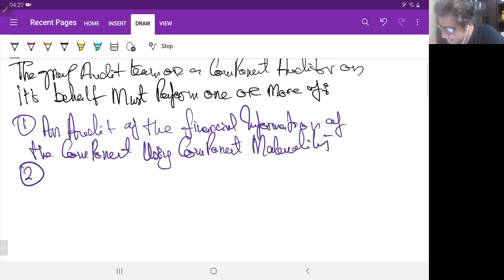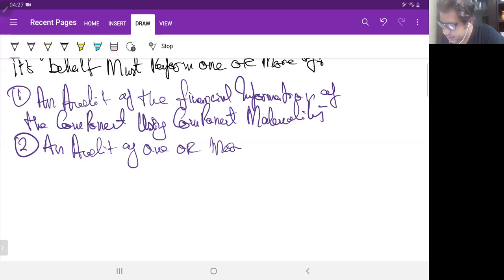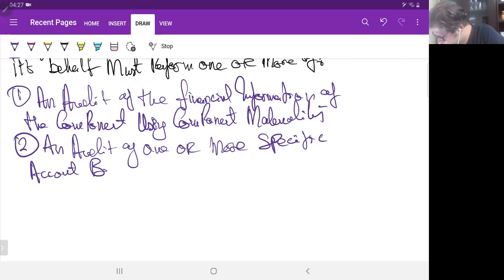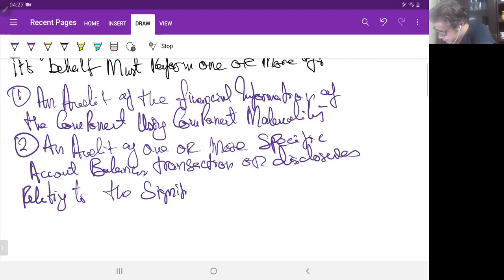Number two, an audit of one or more specific account balances, transactions, or disclosures relating to the significant risk of material misstatement.